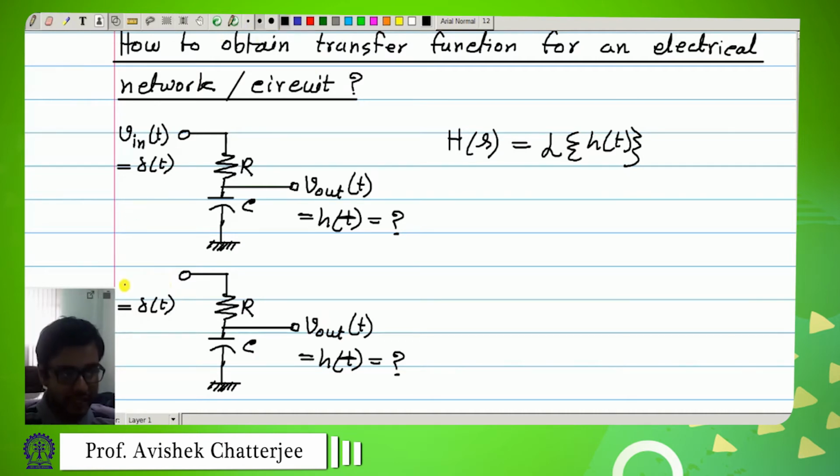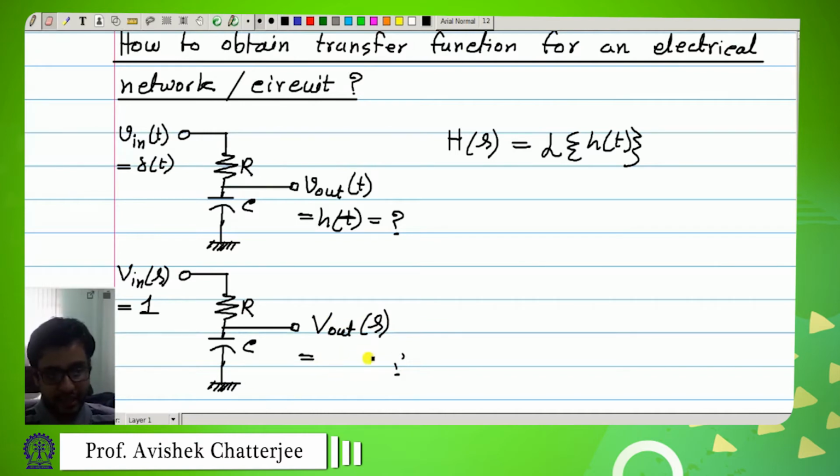So instead of V in t, I will write capital V in S. This is the Laplace transform of this V. Instead of delta t, you can write 1. Instead of V out t, write capital V out S. Instead of h t, write capital H S.